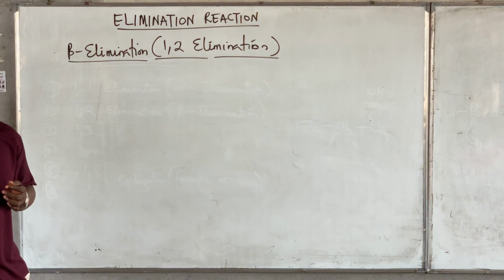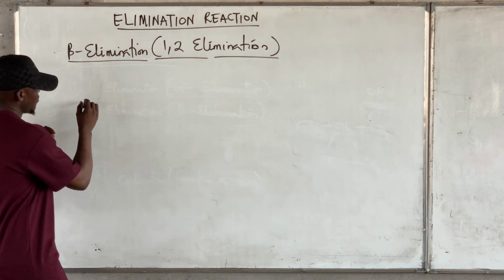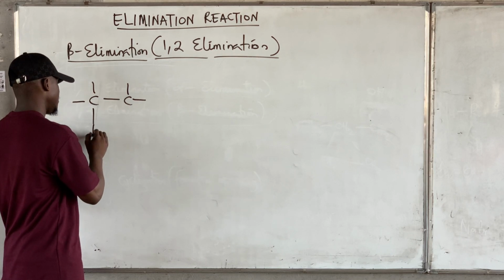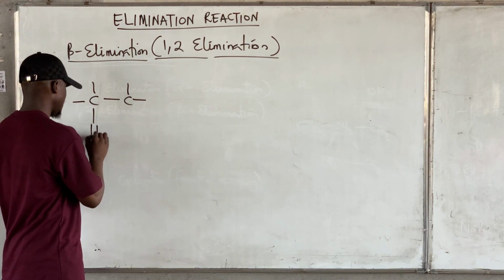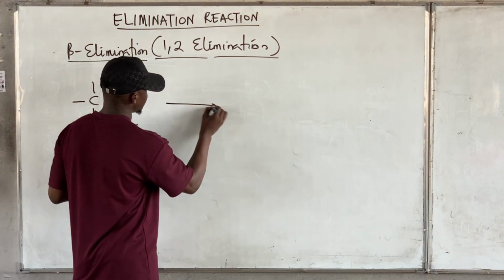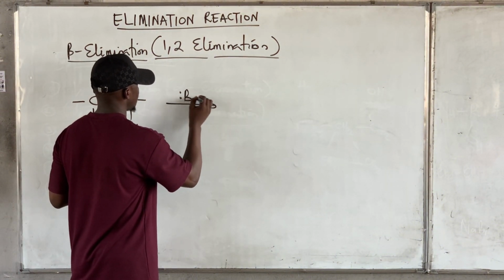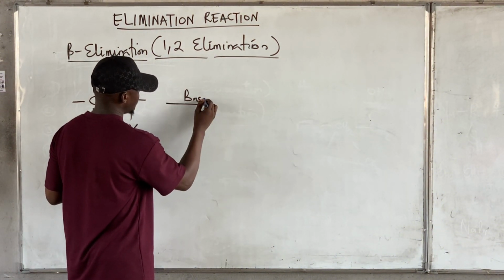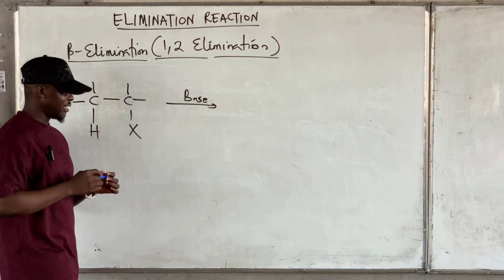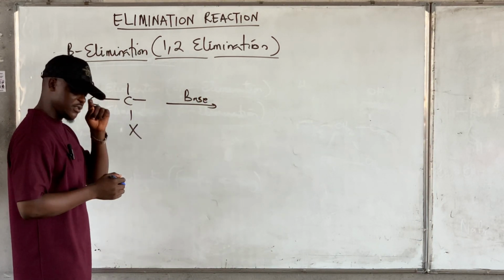So let's say we have something like this. Let's call this one H, and let's call this one X. Now you have a base, because the base is what is going to make this happen.